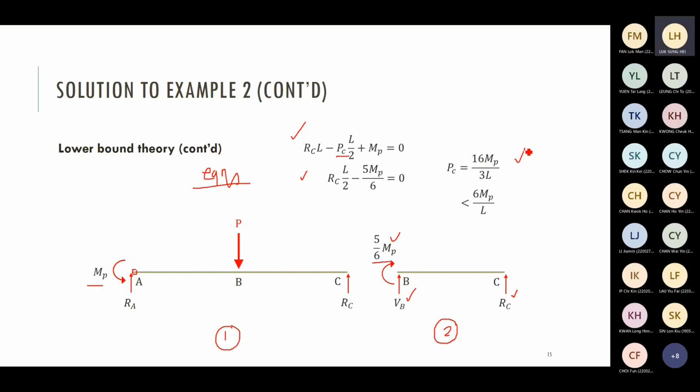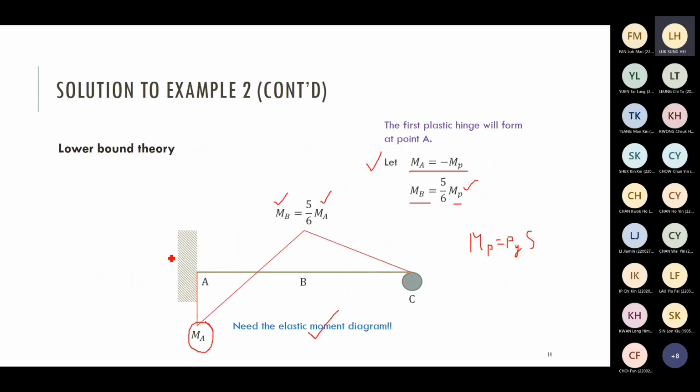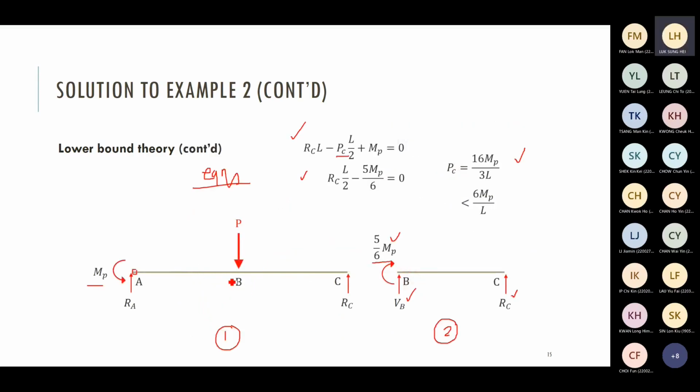Okay, the value is smaller than the upper bound theorem. Lower bound theorem gives you the lower bound, more conservative, but more difficult to apply. The picture right here shows you a few steps, but in reality, you have to go through a long procedure to get this moment diagram. But anyway, this shows you how you may use lower bound as well.